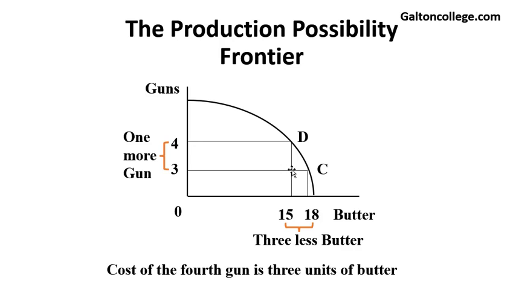We say that the opportunity cost of the extra gun is the amount we have to give up, 3. So the opportunity cost of 1 gun is 3 units of butter. And we'll meet this concept of opportunity cost a lot as we go through microeconomics.